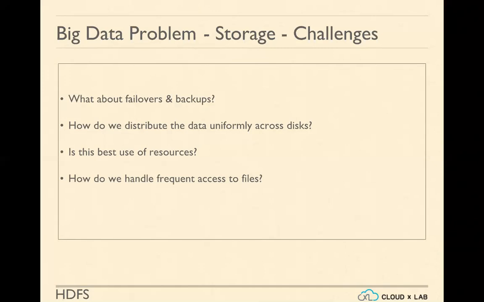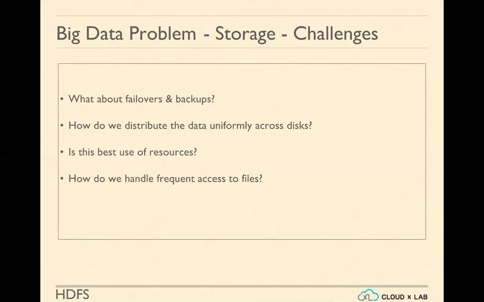Okay, next is, how do we handle frequent access to the files? Imagine in this model that there is Independence Day and everybody wants to watch a particular movie, or it's the birthday of some really popular actor and you would like to watch that movie.